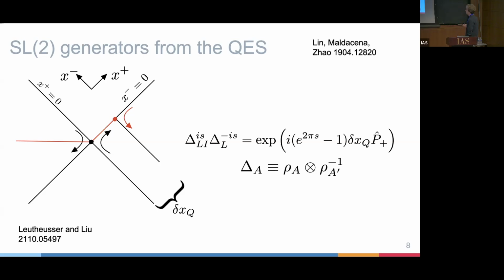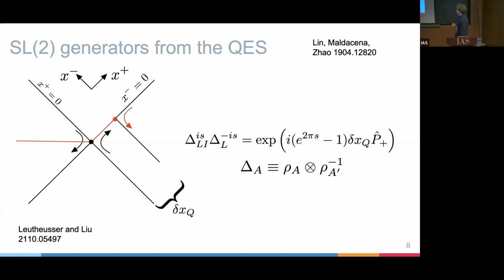So if you have some region A, it's this density matrix for A, tensor the inverse of the density matrix for the complementary region. And the expectation, due to work by Jafferis, Lewkowycz, Maldacena, and Suh, is that if you act with this boundary modular flow, the bulk dual of that should be modular flow in the corresponding entanglement wedge of that boundary.